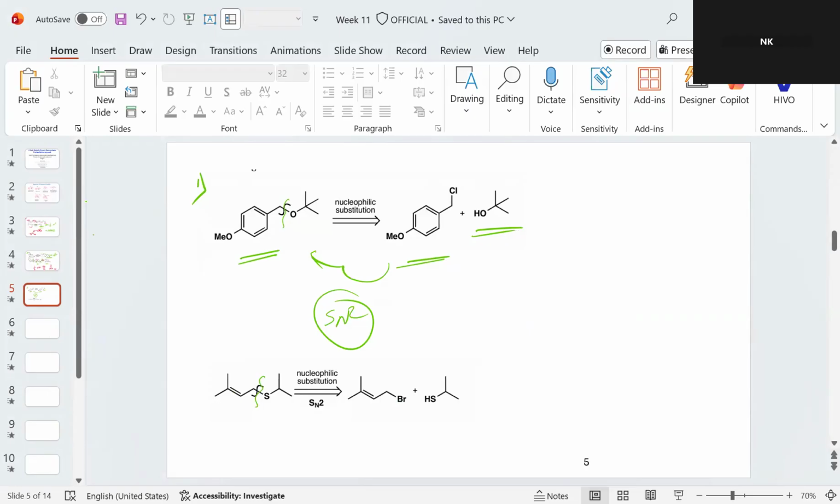You can basically do the disconnection here, and we get these two starting materials. So this is the nucleophile, S minus. It can basically attack on this carbon center, leading to the elimination of this bromine, and we get this target molecule in the linear synthesis.